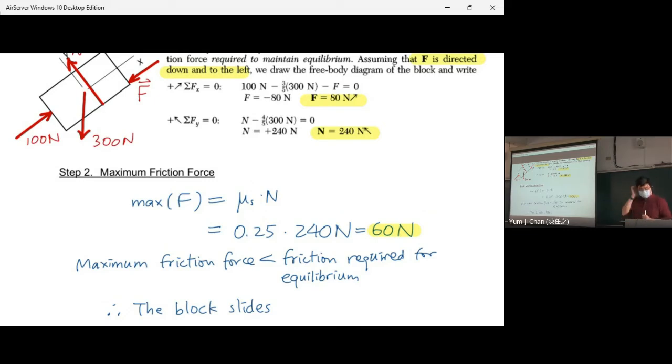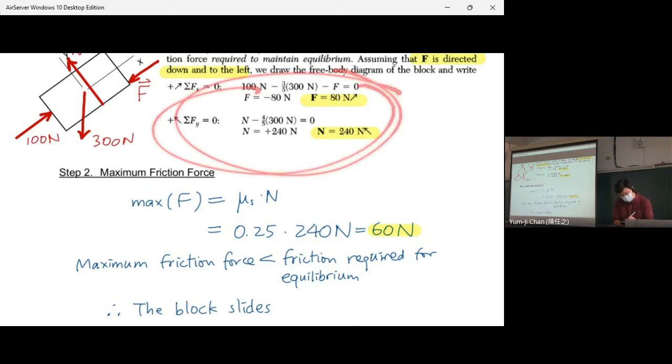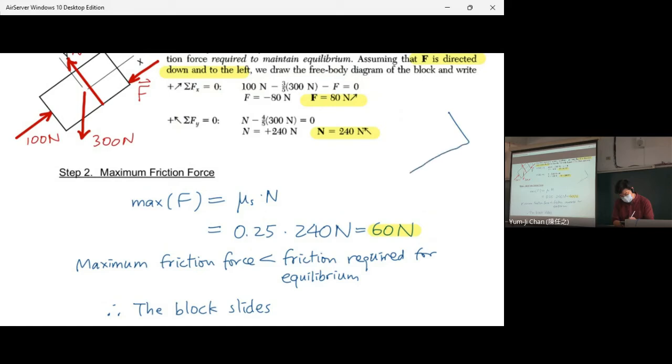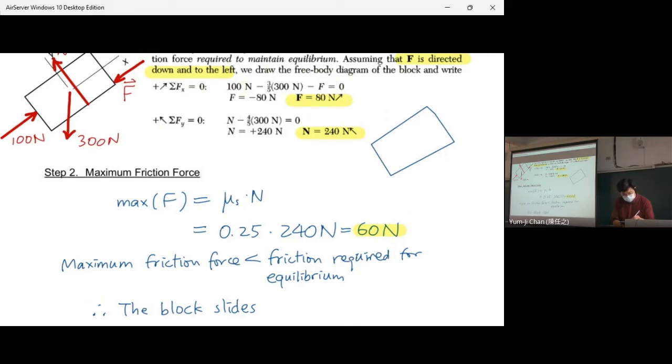So let's have a look. Now for equilibrium, let's draw this case. Oh, sorry, this is not very pretty. Here this is 100 Newton, and we have N, and we have that 300 Newton.